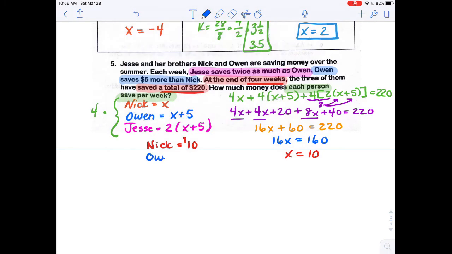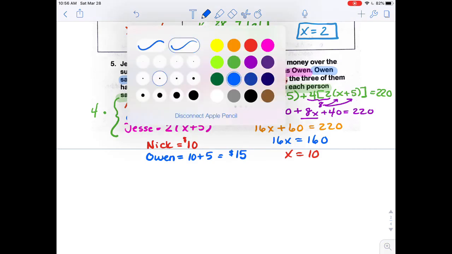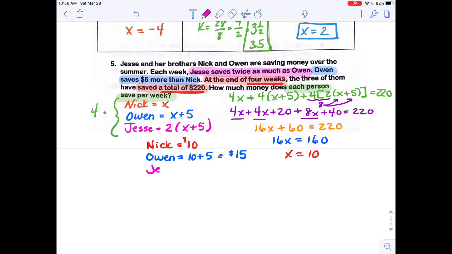Owen was your 10 plus 5, which is your $15 for each week. And then, of course, Jesse was 2 times Owen, which means $30 a week.